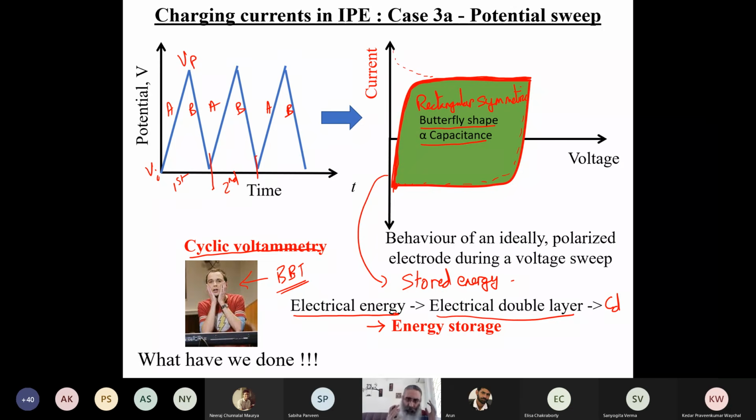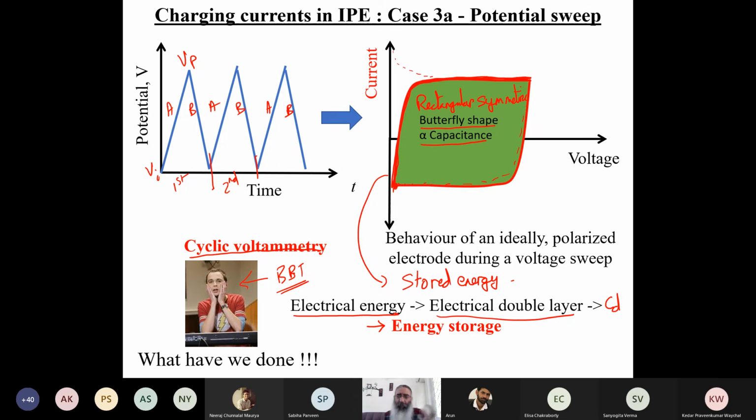So this is a device that we are now starting to move away from what we have discussed so far as just being an interface. It is no longer just an interface. It is an interface which can store electrical energy for us.